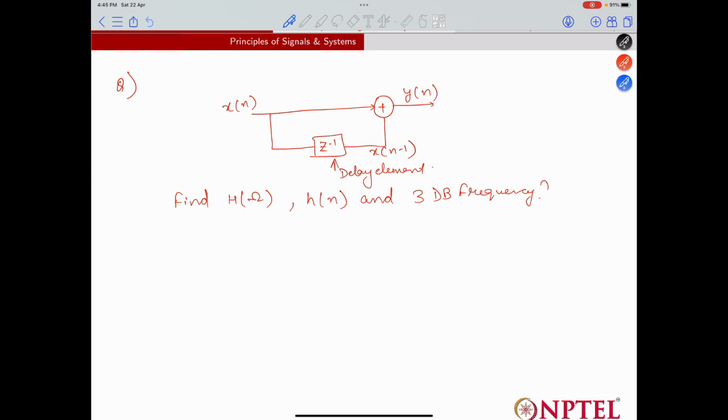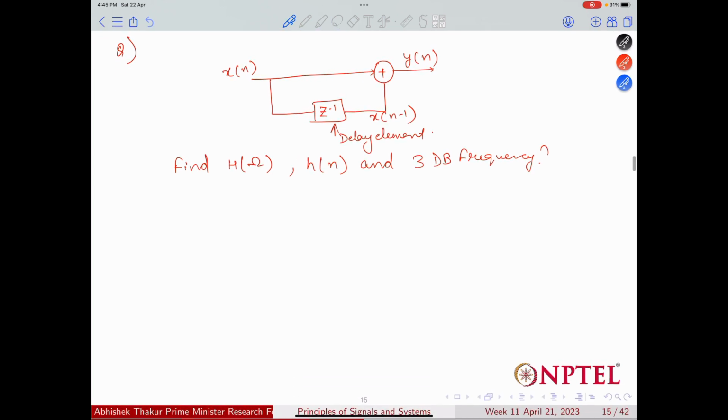First of all, we'll write the difference equation. So y of n is equal to x of n plus x of n minus 1. Now this is the difference equation for the above system.